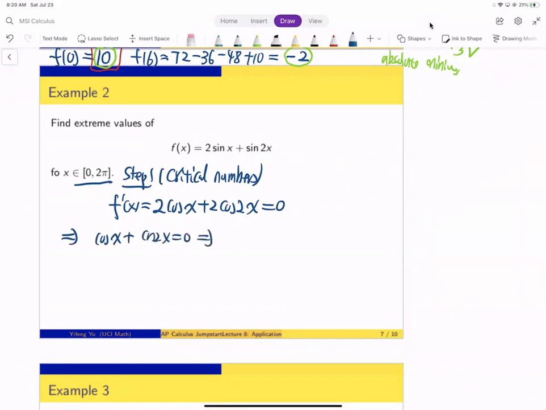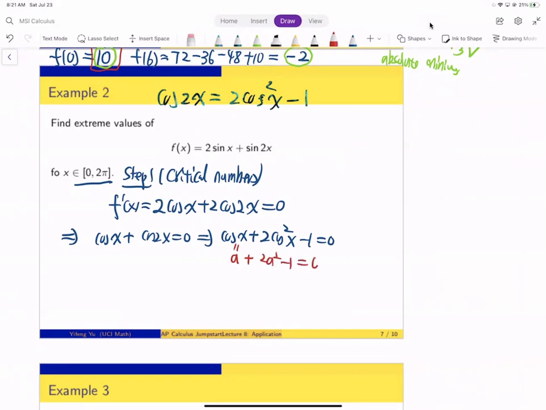Now let's recall cosine 2x equals 2 cosine squared x minus 1. Then this implies cosine x plus 2 cosine squared x minus 1 equals 0. If we let a be cosine x, this is a plus 2a squared minus 1 equals 0.